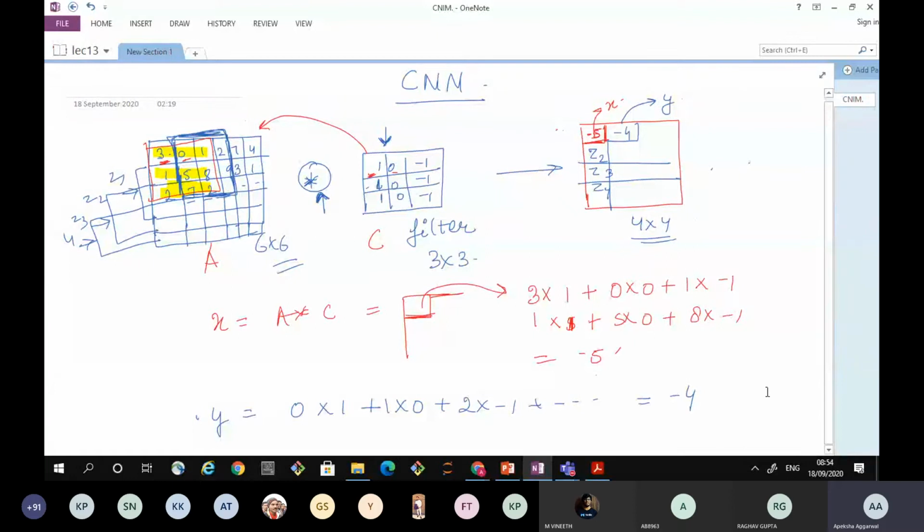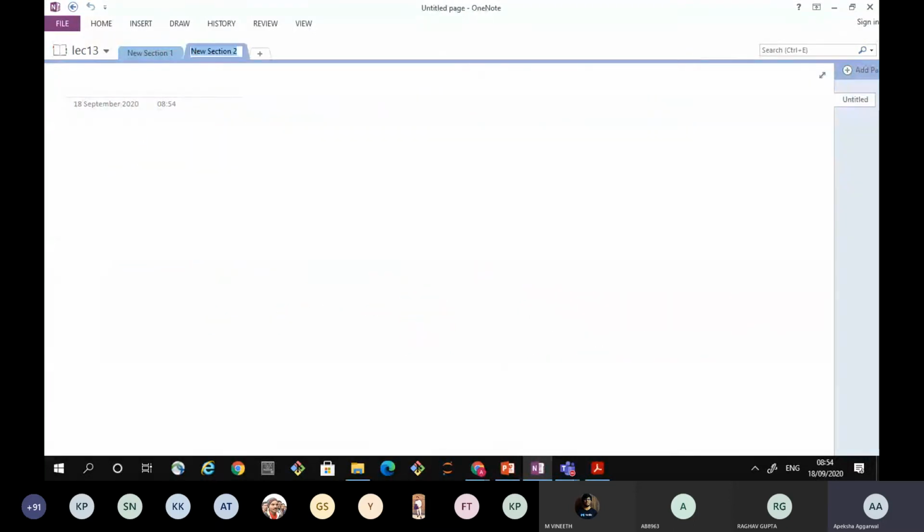Okay, now what is the need for doing this convolution operation? Suppose I have some image which has 10 10 10 10 pixel values on the left hand side and 0 0 values on the right hand side.